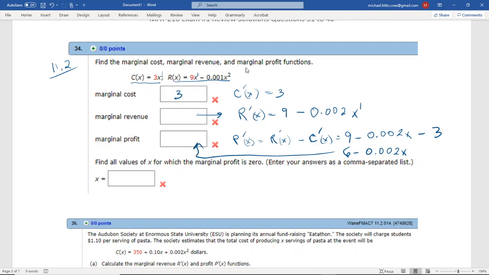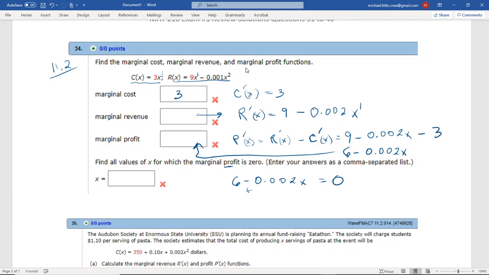For all values of x for which the marginal profit is 0, find all x. That's what they're looking for. So we take our marginal profit, 6 minus 0.002x. It's a linear function, so it's only going to be 0 at one place. We set it equal to 0.